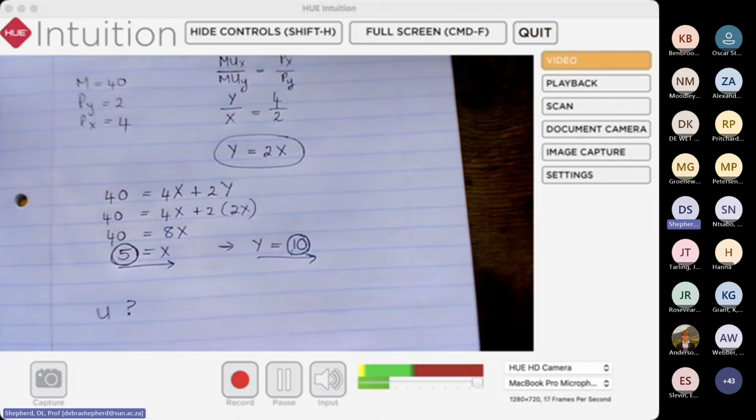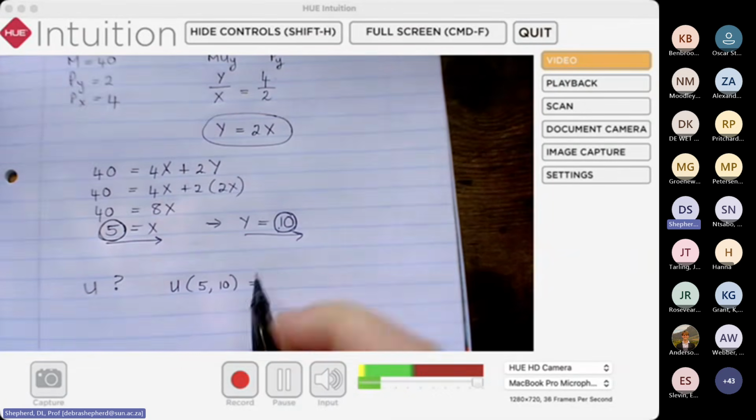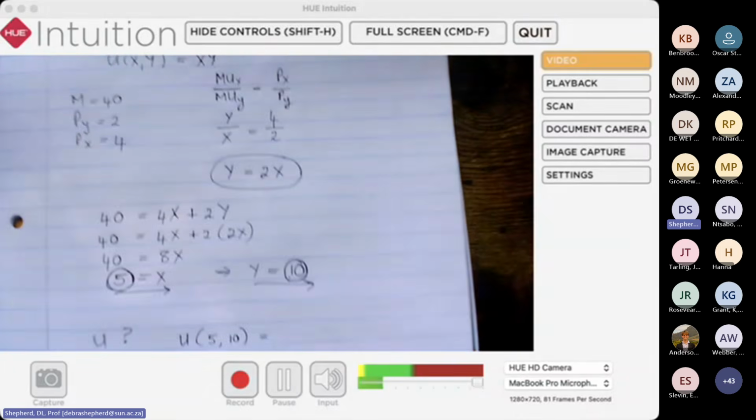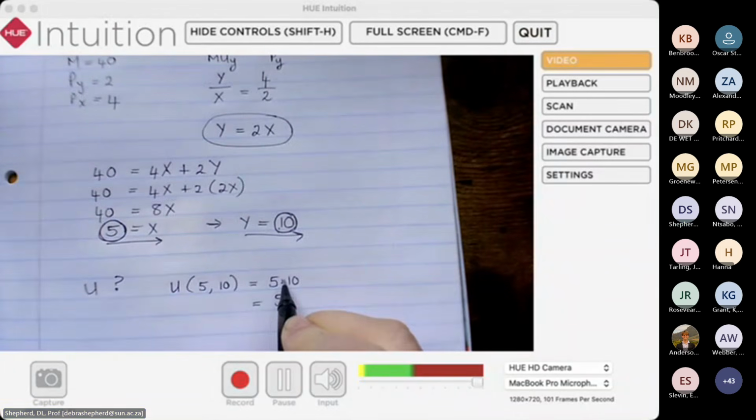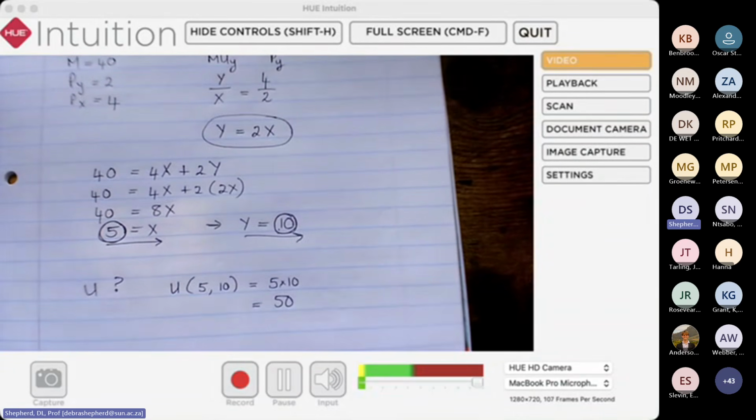So her total utility for 5x and 10y is simply going to be x times y, which is 5 times 10, which is 50. So her total utility at her best affordable point is 50 utils. Everybody happy with that? Okay, so I'm going to move on to the next part of the question.